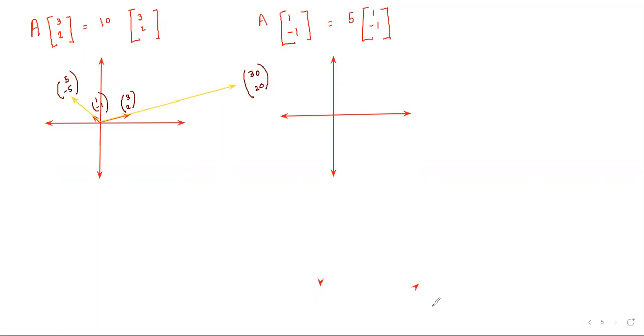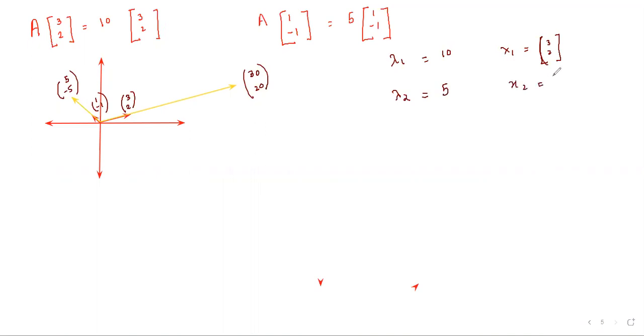So this shows that this is the eigenvalue problem, and in this eigenvalue problem, the first eigenvector 3, 2 with lambda 1 gives us the first eigenvalue, and the corresponding vector is 3, 2, and lambda 2 equal to 5 and x2 equal to 1 minus 1.